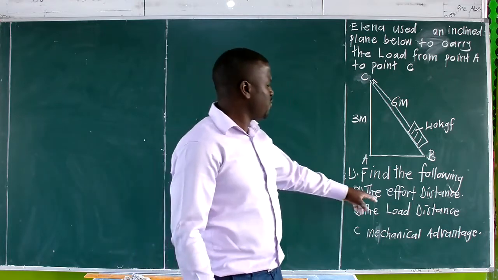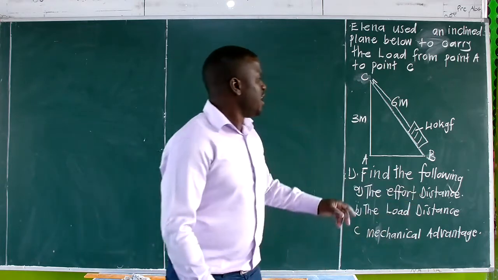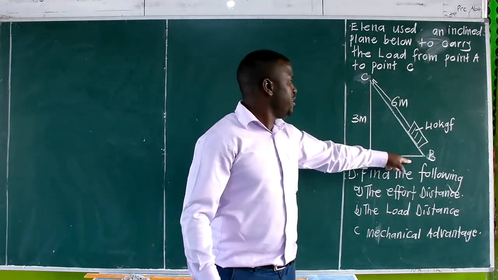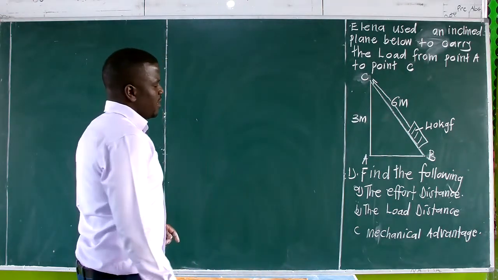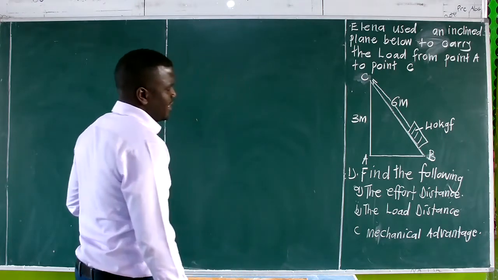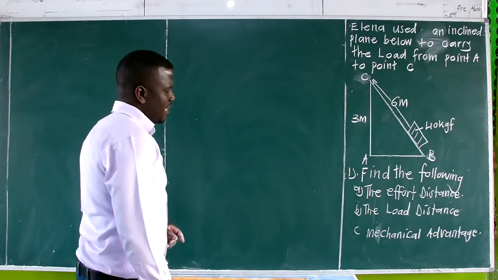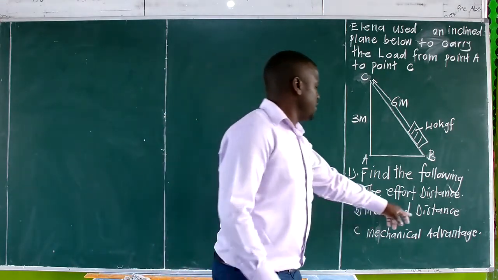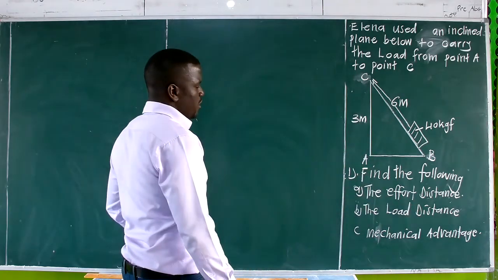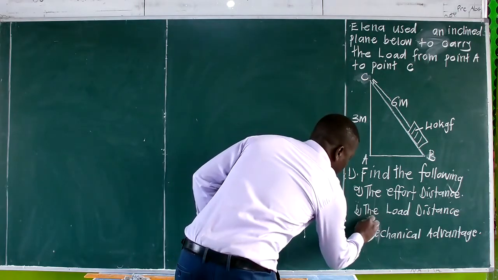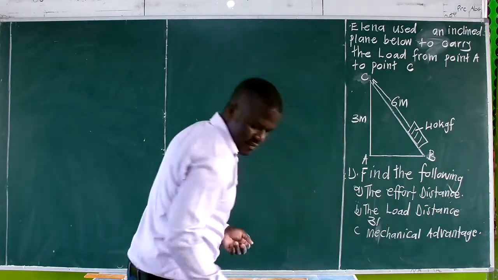So they ask you to find the effort distance. Effort distance is B to C, which is 6 meters. Then the load distance is 3 meters.